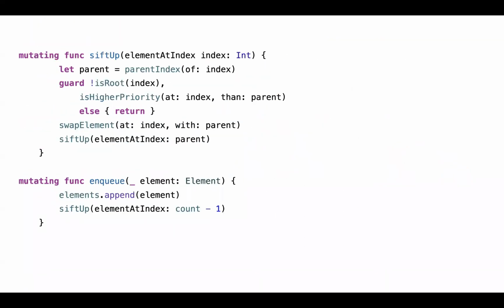So considering that, the code is: if it is not a root and it has higher priority relative to its parent, then we do swap, and again we call recursively on the parent itself.